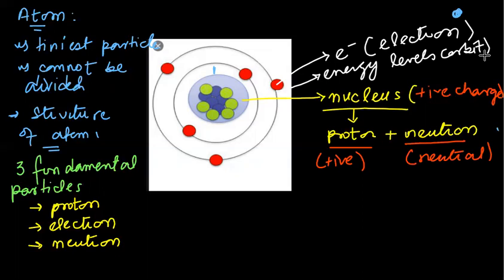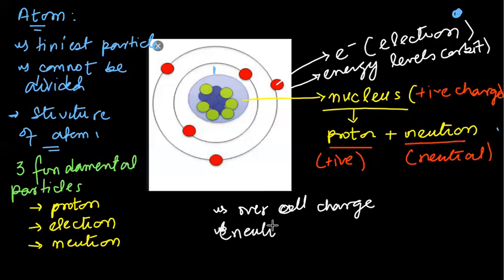Okay, so if we look at the structure, you can predict what should be the overall charge on an atom. Whenever we talk about the overall charge, what is the overall charge on an atom? The atom would be neutral in nature.